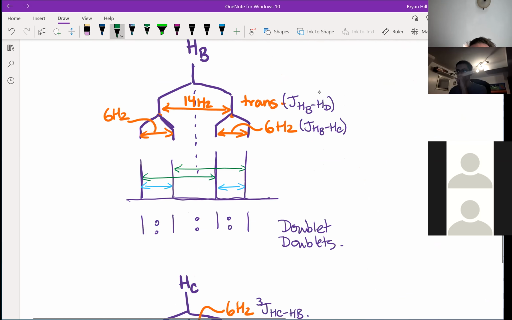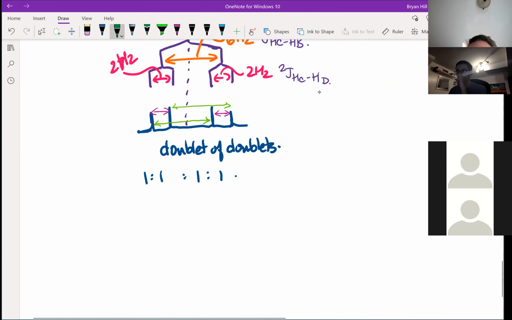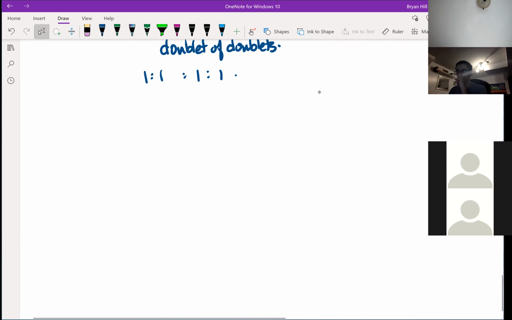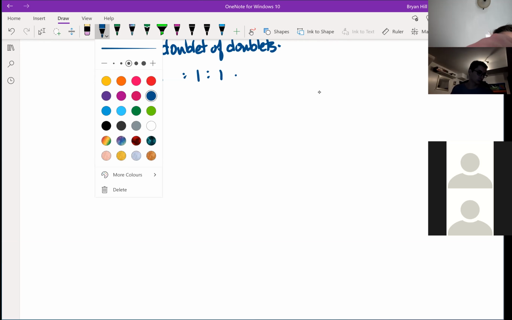Let's see here. One of the things that Jeff brought up in the last class dealt with the spectra which we were looking at.